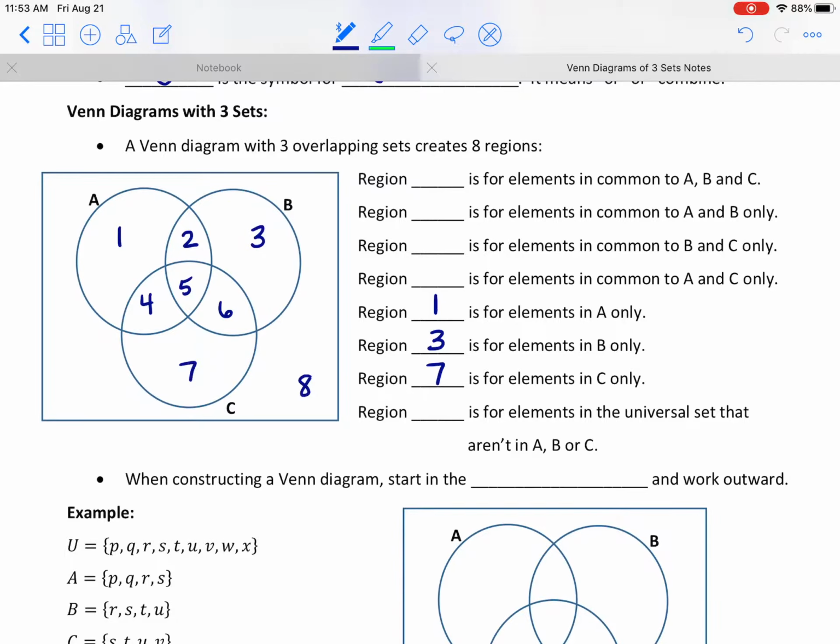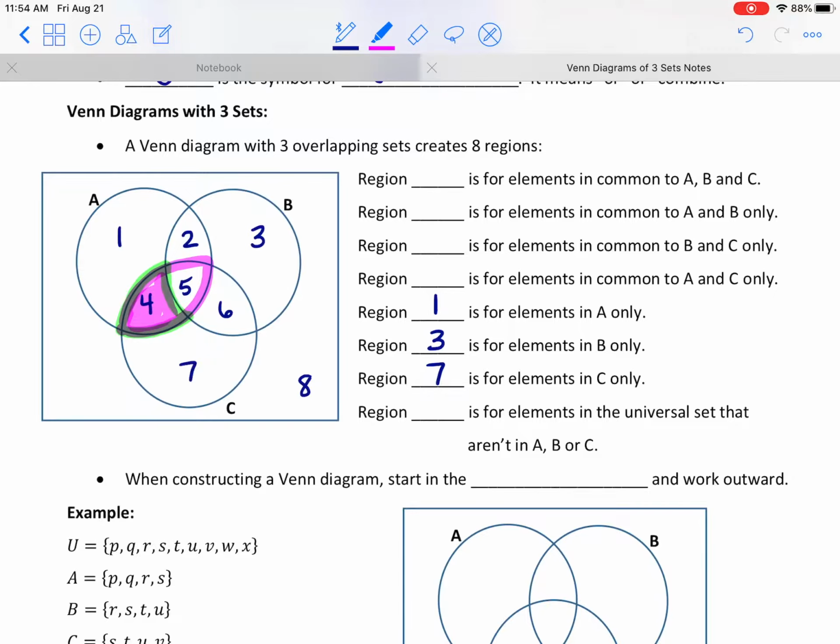Now, if we were looking for elements to go into this region here, region 4, that would be elements that are in common to A and C only. Now, if I said A and C, technically A and C overlaps in this entire area, but if I want only A and C, then I'm restricted to just this region 4.